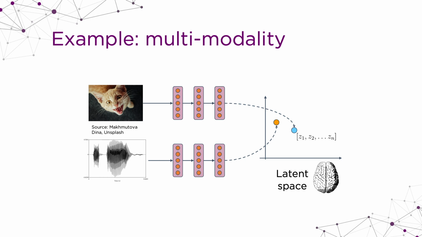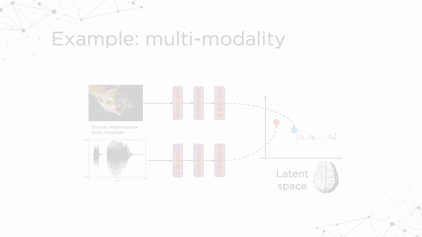By just computing the distance in this latent space, I can recover this data point, and I will say this is the sound that is the most probable with this image, and the other way around. So with this kind of architecture, we can do powerful things in terms of comparing multi-modal data.